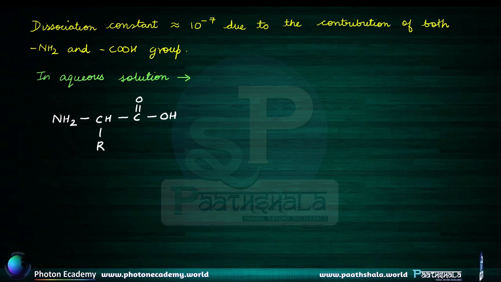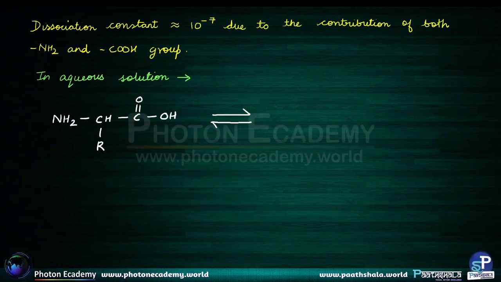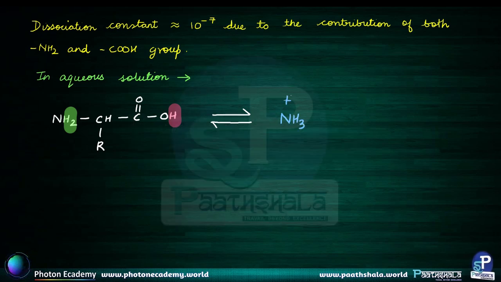So what am I talking about? In aqueous solution, two structures will be in equilibrium. The proton of COOH, that is this H, is lost and gets added to this place. So the structure that arises is something of this sort: the NH2 gets an H plus and becomes NH3 plus, and the rest of the structure follows suit.